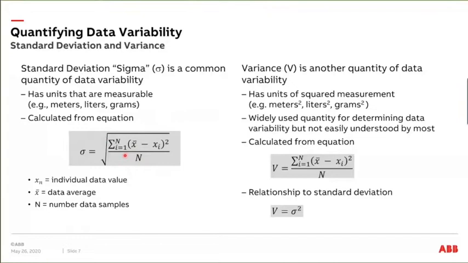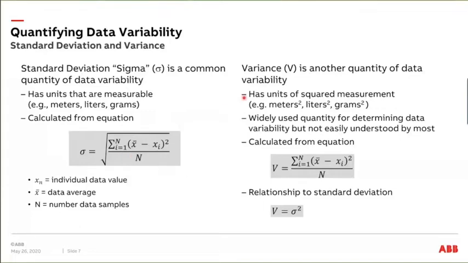If you have data that is very close to the average, then the standard deviation or sigma is going to be a smaller number. But as the data tends to move around and not stay close to the average value for the given window of data you're looking at, that's going to increase the sigma.